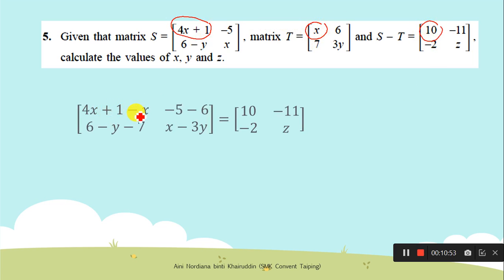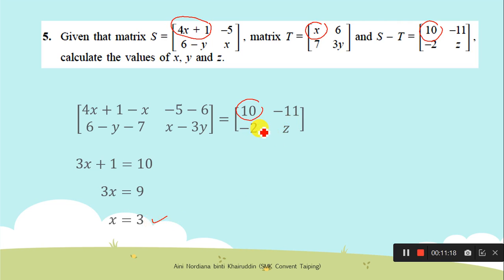So this is for the first row, first column. First row, second column, second row, first column, and second row, second column. So in order to calculate the value of X, we just solve this. For X minus X is 3X plus 1 equals to 10. So you'll get the value of X.